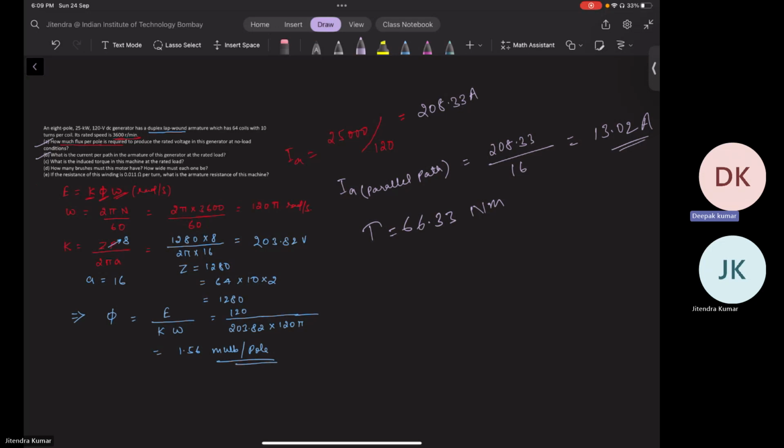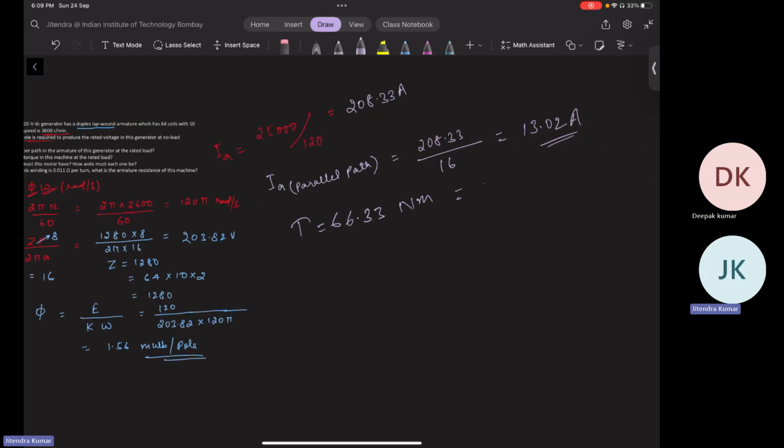Sir, by the formula of torque, T is equal to phi Z IA by 2 pi multiplied by P by A. Okay, so basically you are saying that E into I, that is the power divided by speed, right? So torque will be equal, yeah, that is correct.